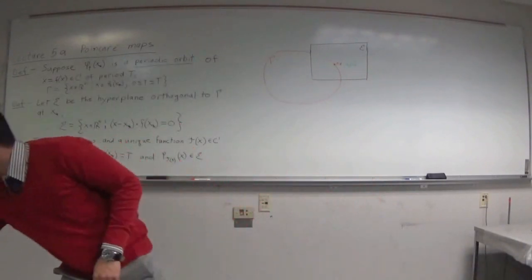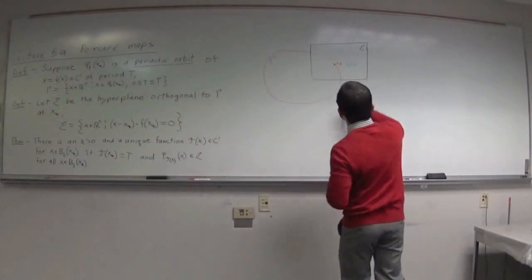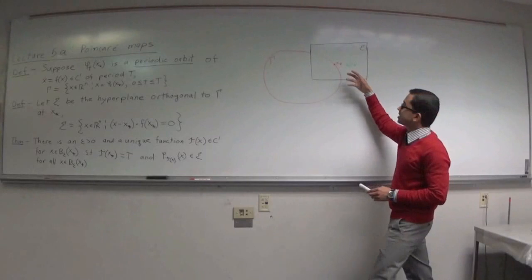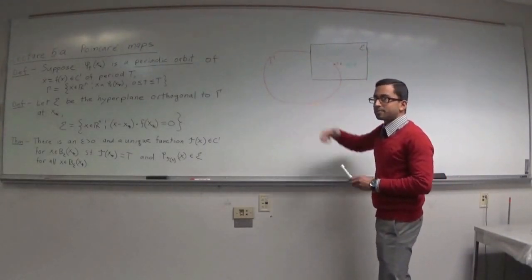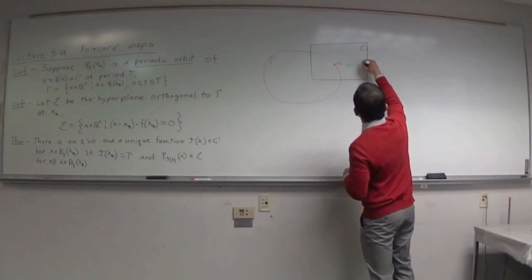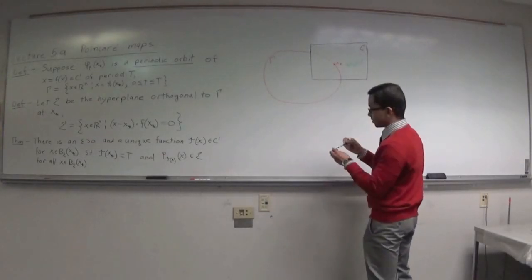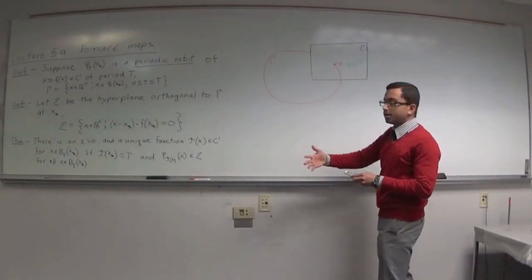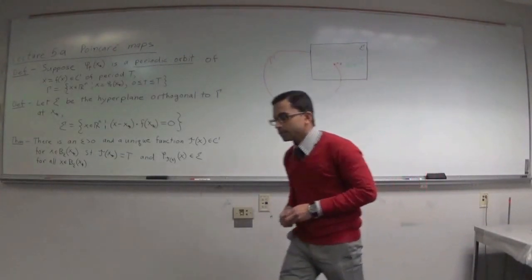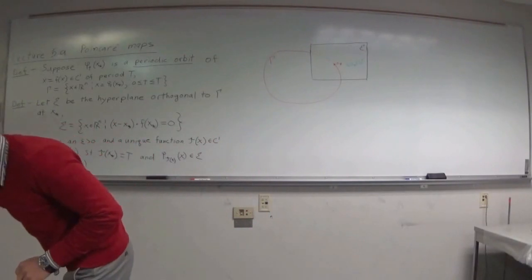Except I should write this like this. I'm drawing it on sigma, so this is actually the ball around x star that's intersecting sigma. So this is the ball around x star that's intersecting our hyperplane. So that's that.